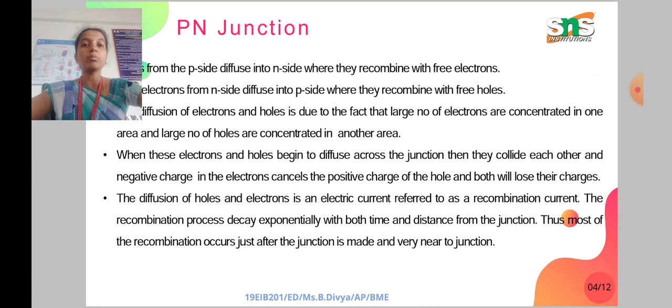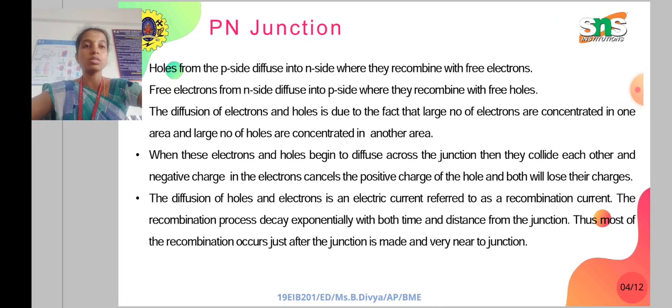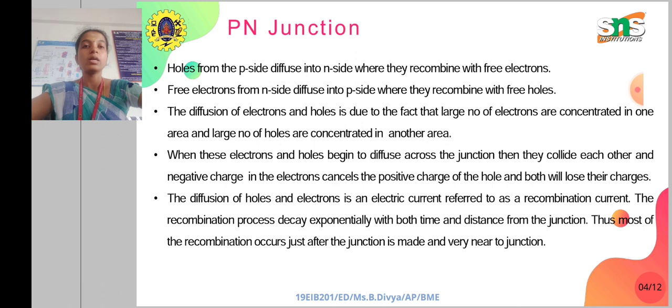The diffusion of electrons and holes is due to the fact that a large number of electrons are concentrated in one area and a large number of holes are concentrated in the other area.